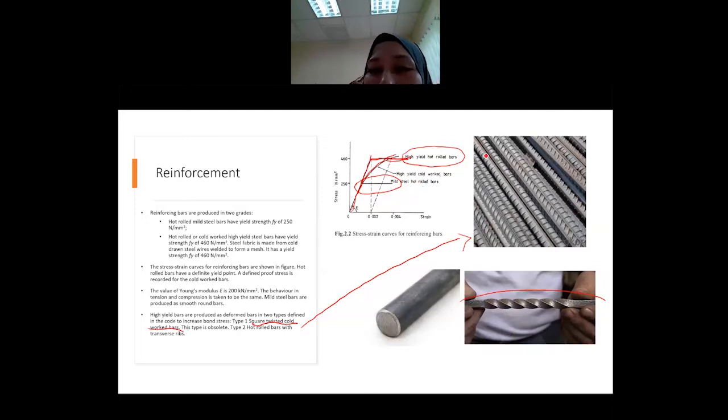So cold work bar ni dia macam jarang kita pakai, normally for specialized work ataupun something yang need more, sebab dia lebih mahal, high yield cold work bars ni. Dia more expensive and it depends on jenis kerja lah. Ada benda yang you kena pakai this high yield cold work bars but normally kita akan pakai hot roll. Alright.